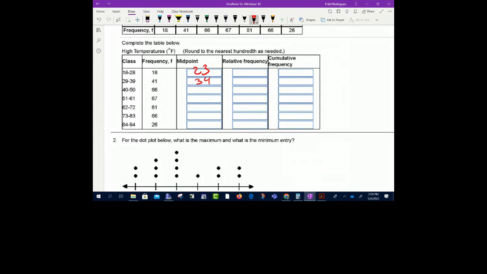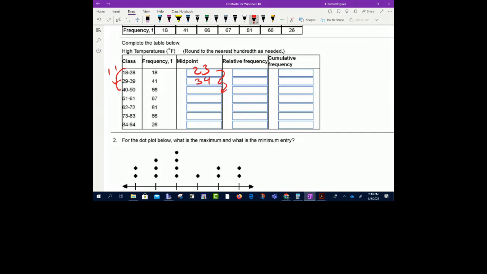Now we could keep playing this game over and over again. But y'all, remember we talked about something called the class width? And the class width told me how much do I need to add from 18 to get to 29? Anybody know? What's the difference between 29 and 18? 11, right? Very good. And if you add another 11, you get here. Well, we can play that same game coming down this way.